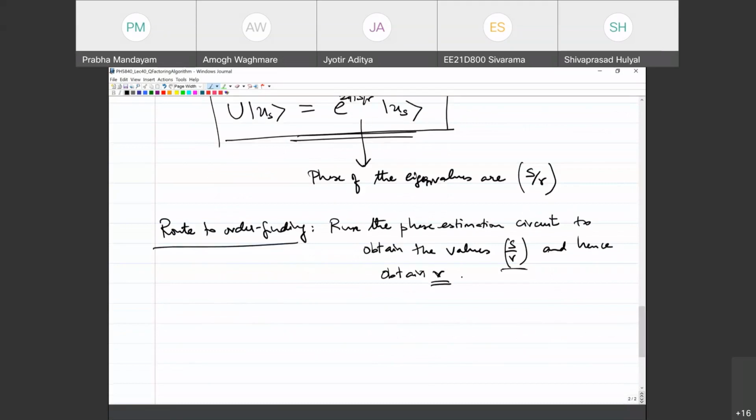So all of this is, of course, chapter 5 of Nielsen-Chuang, like I said. So I referred you yesterday to the error and performance analysis of phase estimation. That was section 5.2.1. So if you look at section 5.3, that is fully about order finding, and in particular it will tell you some details about this modular arithmetic also, which is there in the appendix, and also this last step involves a continued fraction expansion.